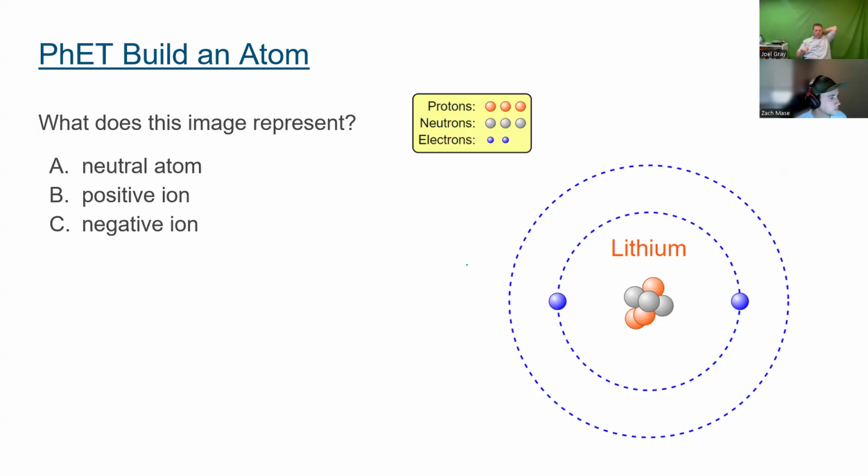A neutral atom, a positive ion, a negative ion. I think it's helpful to look at this right here and account for your subatomic particles. 3 protons, 3 neutrons, 2 electrons. Protons are positive. Boom, boom, boom. Electrons are minus, minus.